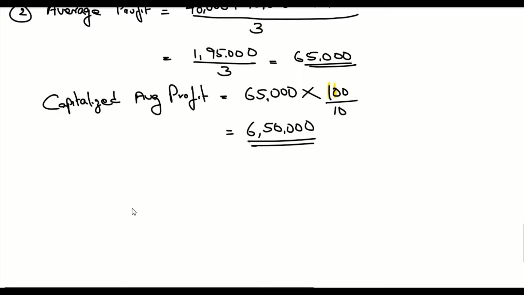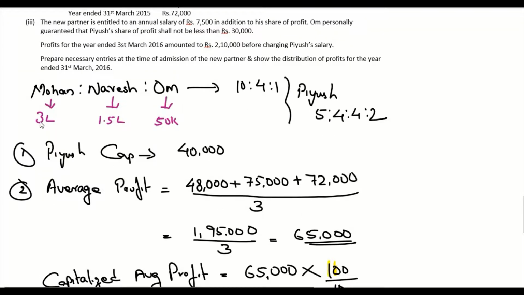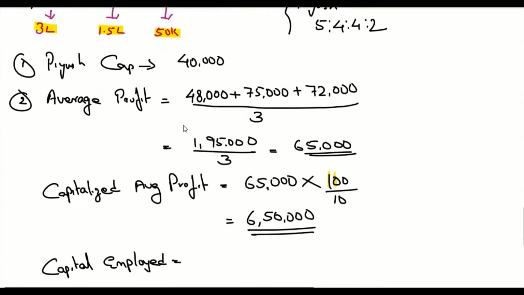Then we need to find the capital employed by the firm. The question is giving capital for each of the partners. Mohan's capital is 3 lakh, Naresh it is 1.5 lakhs, and Om it is 50,000.